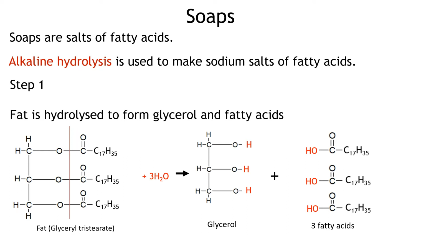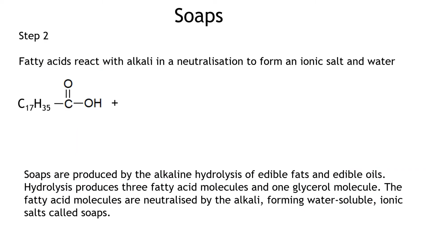The next stage is the neutralization of the fatty acid with sodium hydroxide. So in the first stage of soap formation, we took a fat or an oil, we hydrolyzed it with water to produce glycerol plus 3 fatty acids. We're going to look in detail at one of these fatty acids.